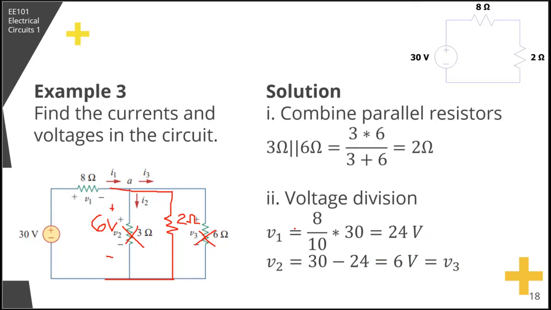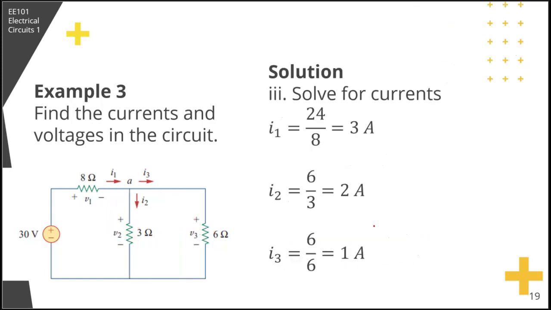So nasolve na nato. V1 24, V2 and V3 6 volts. So kay nasolve naman nato ang mga voltages across each resistor, then apply lang ta og Ohm's law, makuha na nato ang current through each resistor. So that would be I1 is ang voltage across diri that's 24 over 8, so 3. I2 is 6 volts man, so 6 divided by 3, that's 2.